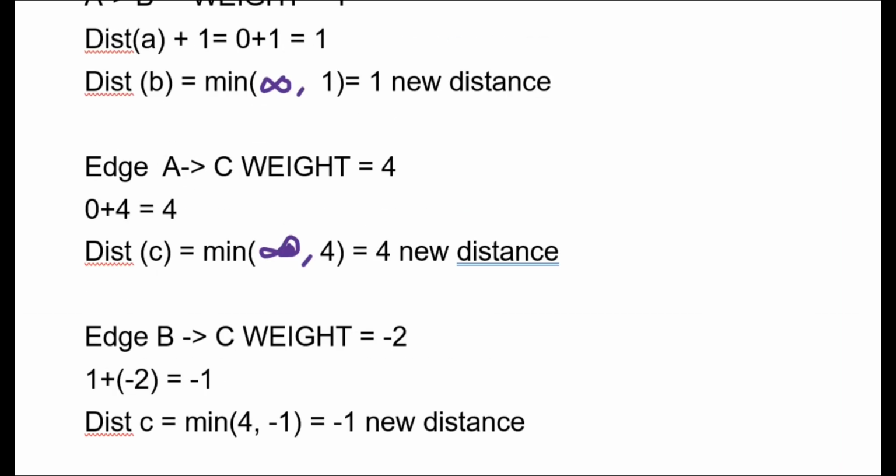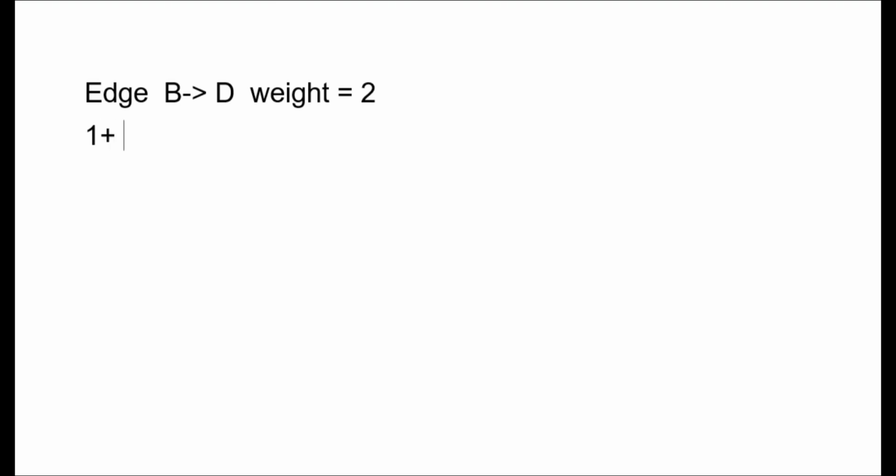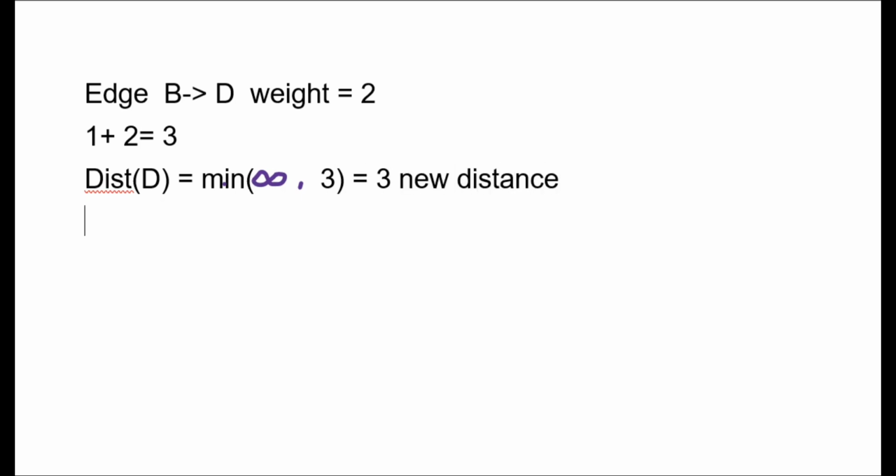Next, we calculate the minimum of distance of D, infinity comma 3, which is 3. So the new distance is 3.